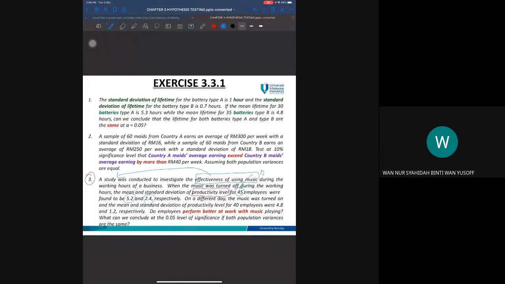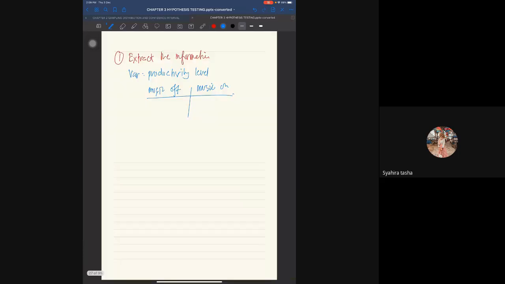So 5.2 is X bar, 2.4 is the standard deviation. So we have these three information, 45, 5.2 and 2.4.